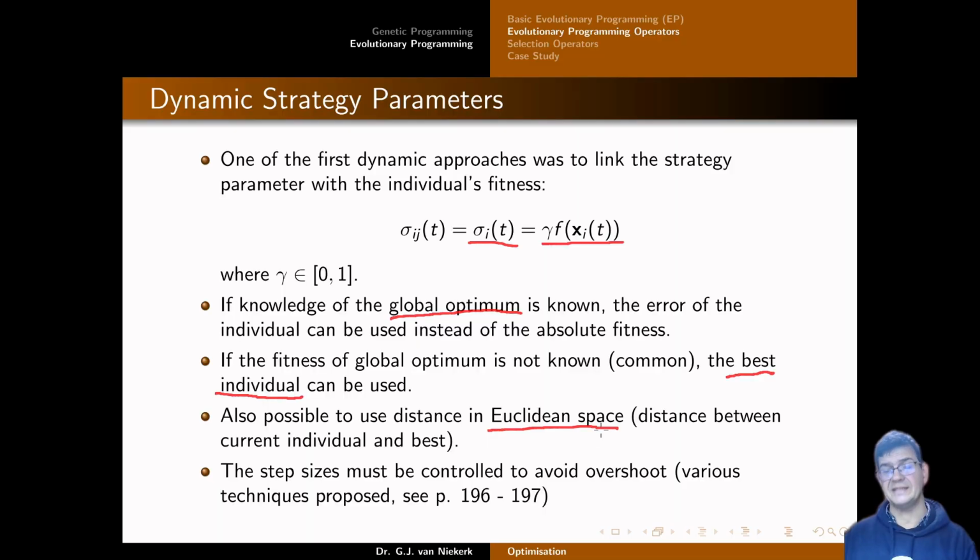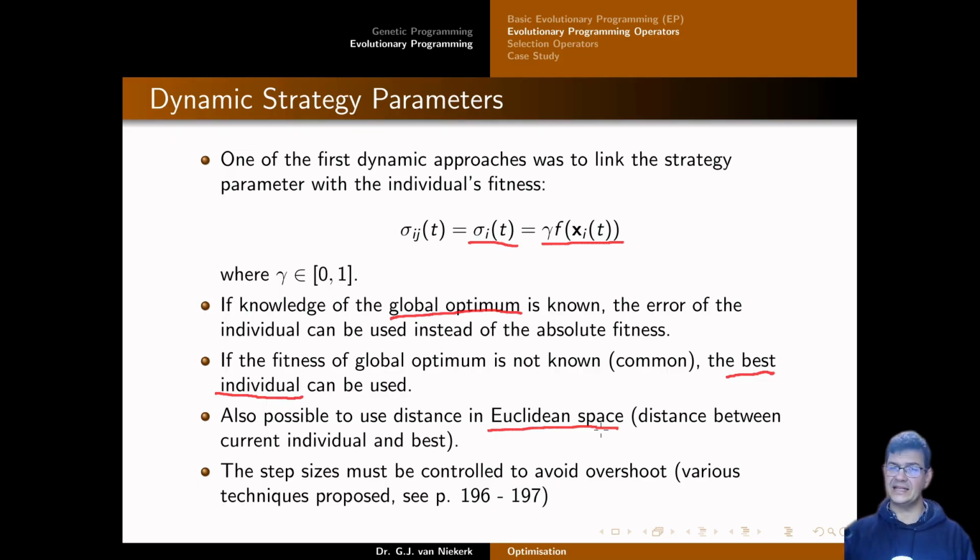So the idea with this is that you would measure the distance in the search space. Let's make it easy. Imagine a three-dimensional search space. Somewhere in there you've got the best individual, and somewhere you've got the least fit individual. You're going to measure the distance between them in space, and that you use as the strategy parameter.